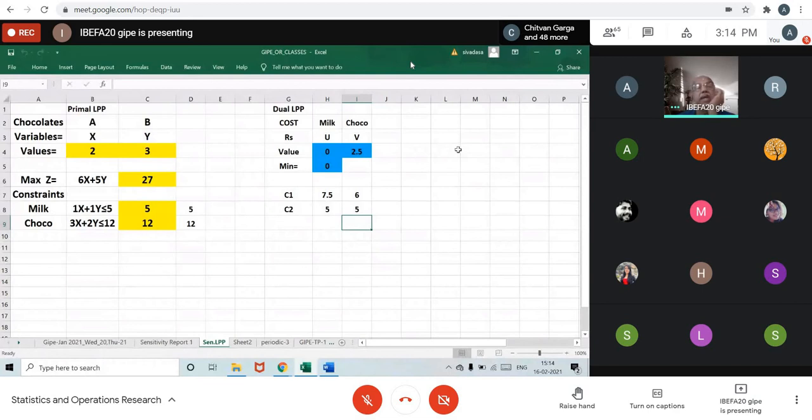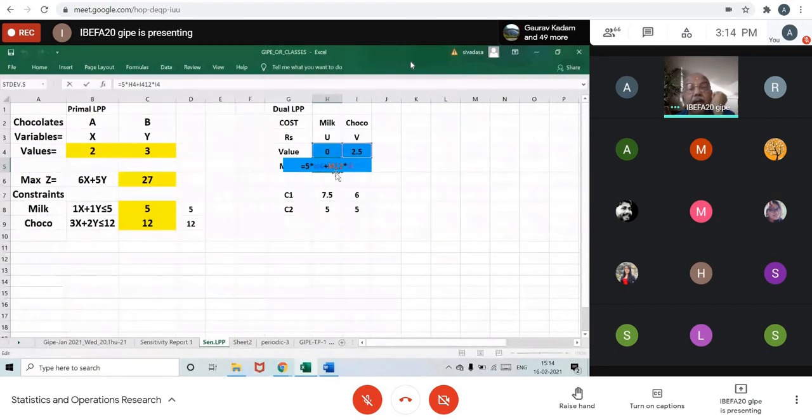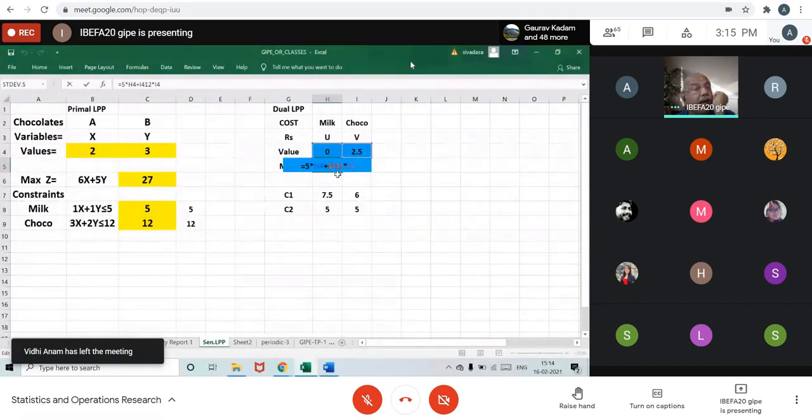Mathematically, it says no milk will be used. Only choco 2.5, and the objective function will be 2.5 into 12.